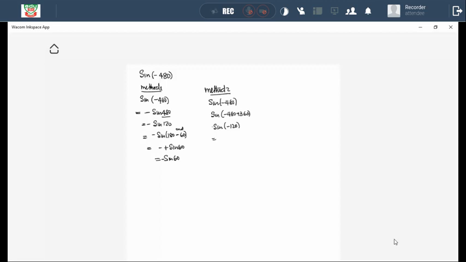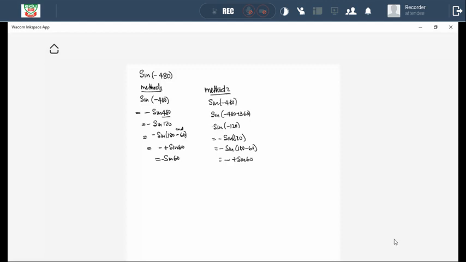But sine negative 120, let me apply the identity. That's a negative sine 120. Then sine 120, I can break that one down. It's negative, 180 minus 60. That will be negative, plus sine 60.